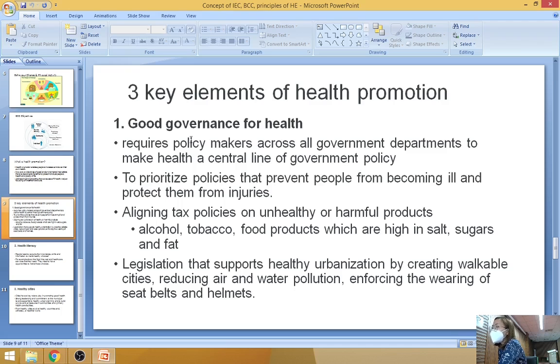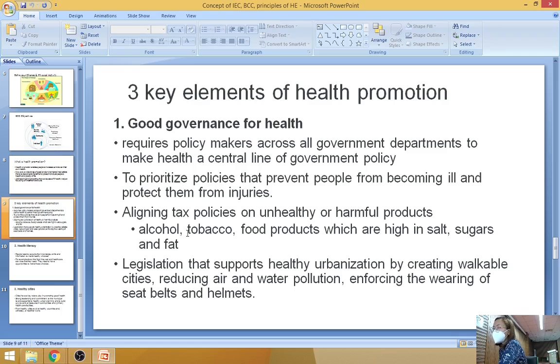For following this health promotion, what we need in the first point is good governance. That is, we need the policy makers to prioritize policies that prevent people from becoming ill and protect them from injuries. So we have to prioritize those points which are causing ill health to the people.